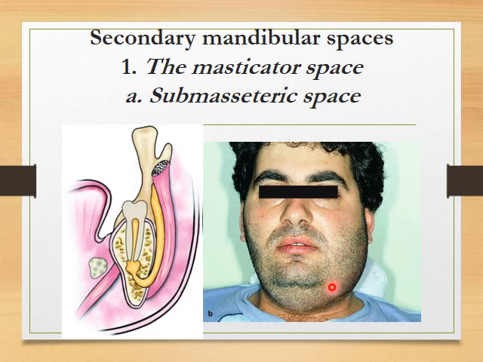I cannot differentiate this from buccal space infection. The deciding factor is the trismus. If the patient comes with infection of the side of the mouth with trismus, it will be a submasseteric space. Without the trismus, it will be a buccal space infection.